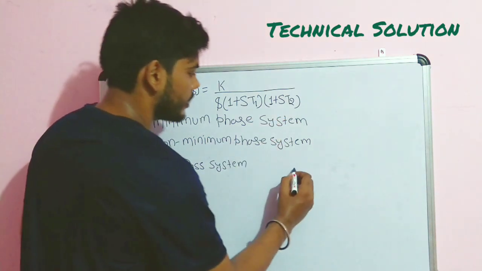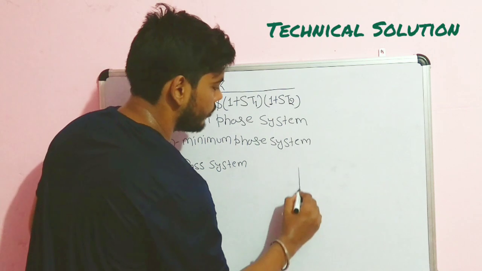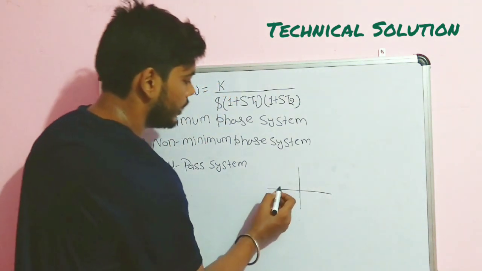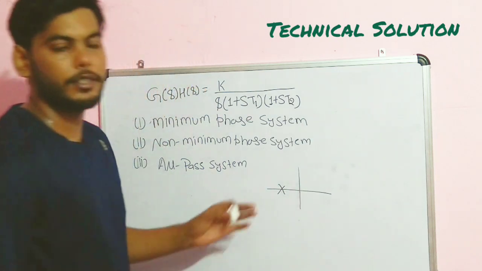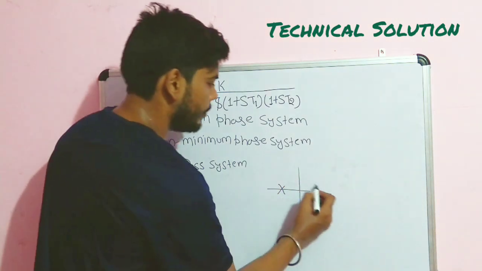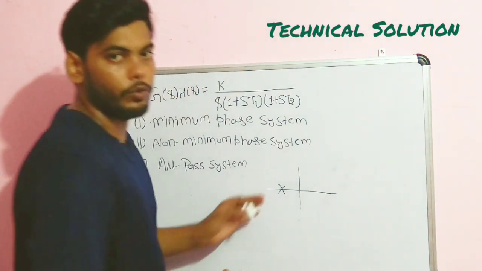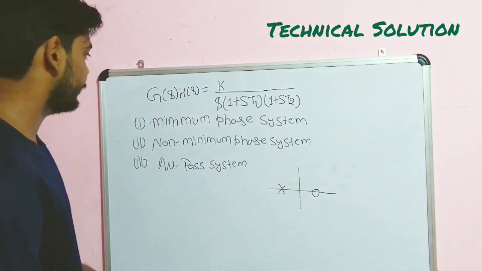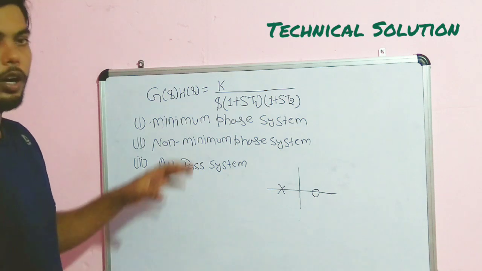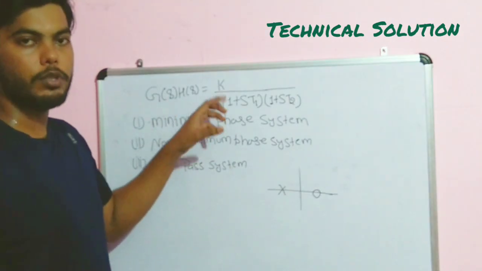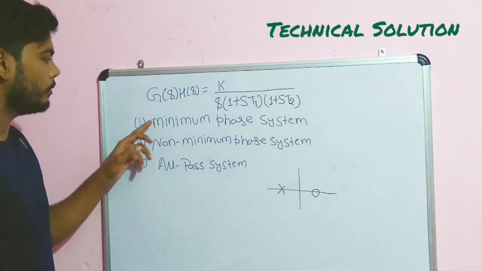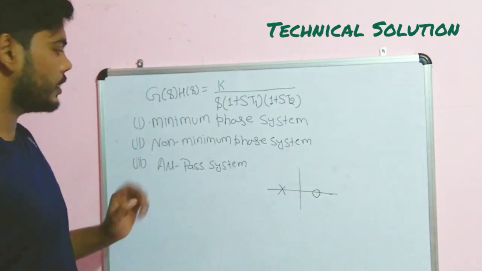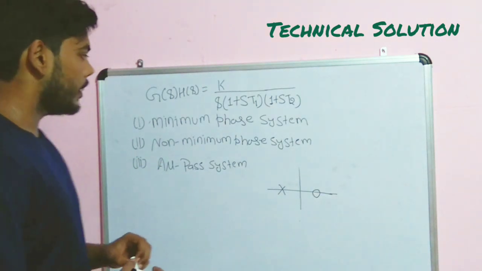In an all pass system, if a pole or zero lies on the left half side of the s-plane, similarly the same number of poles or zeros lie on the right side of the s-plane. So on the basis of finite poles and zeros, we have three systems: minimum phase system, non-minimum phase system, and all pass system.